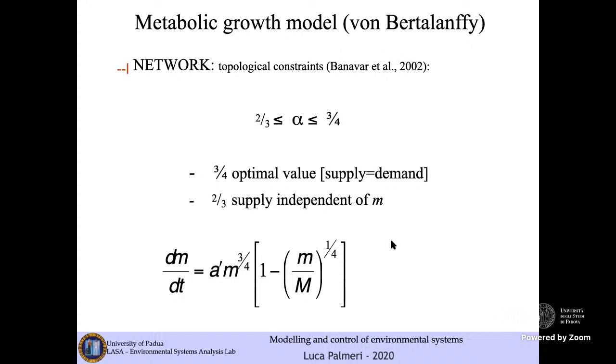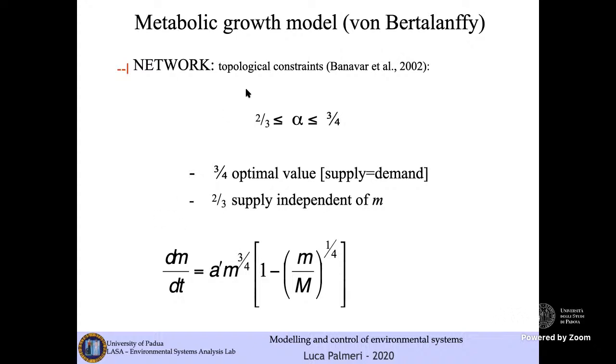In general, we have indication that topological constraints in networks of distribution of resources tend to be well modeled by a limited growth model whose exponent in the growth part is in the range 2/3 to 3/4, while the second exponent, the one related to the limitation, is classically placed to 1.